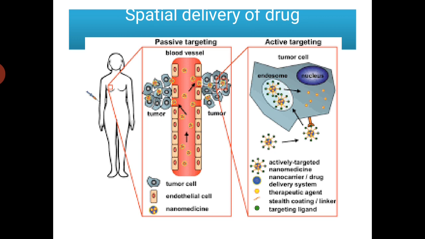What is meant by spatial delivery of the drug molecule? The word itself, spatial, shows a space. That means the drug delivery system should deliver the drug into a particular space.